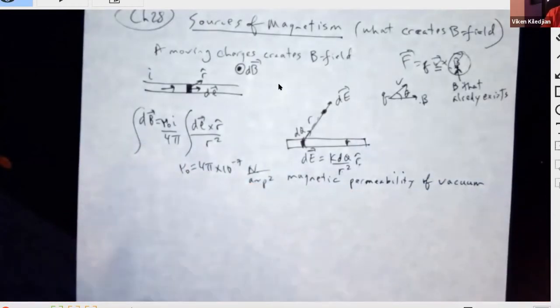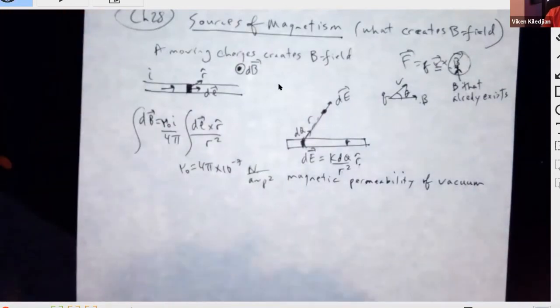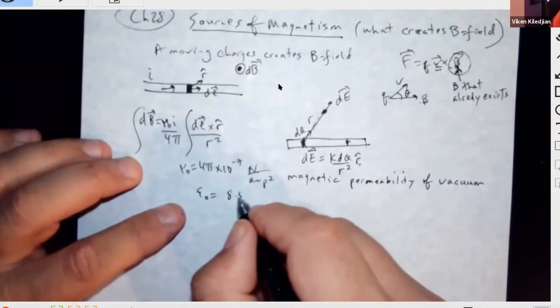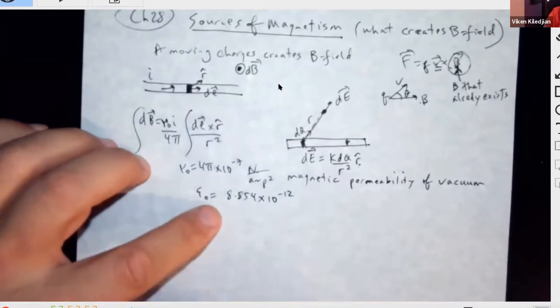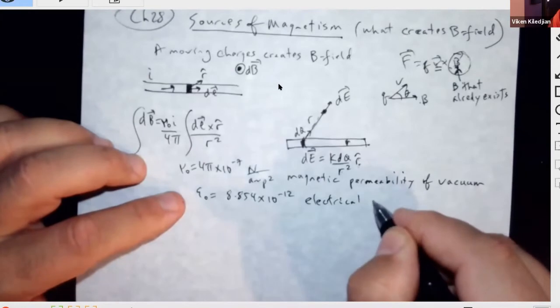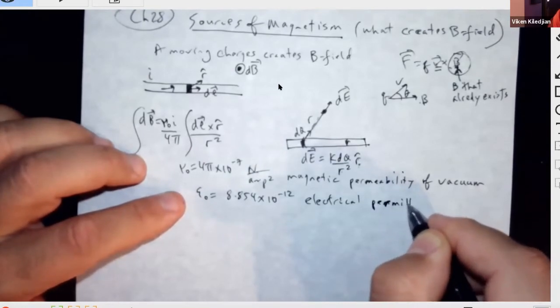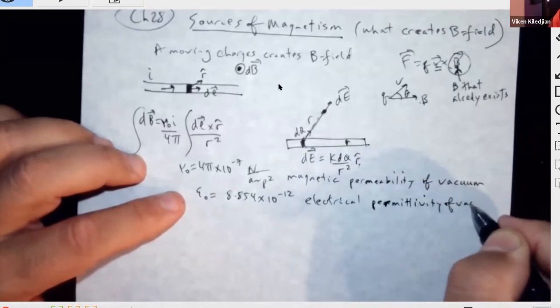How well magnetism permeates itself into vacuum space, right? Whereas E0 is 8.854 times 10 to the minus 12. That's called electrical permittivity. Permittivity of vacuum.